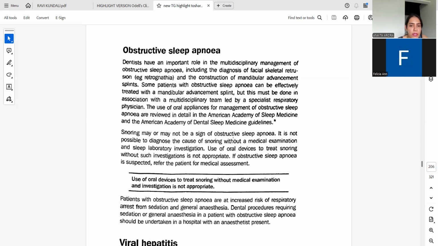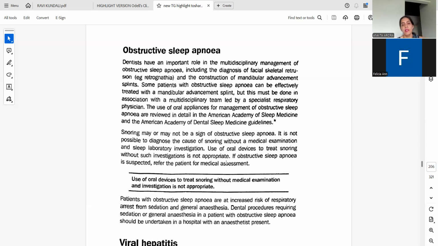Snoring may or may not be a sign of obstructive sleep apnea. It is not possible to diagnose the cause of snoring without medical examination and sleep laboratory investigation. Use of oral devices to treat snoring without such investigations is not appropriate. If it is suspected, refer the patient first for medical assessment.